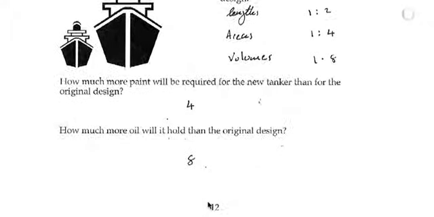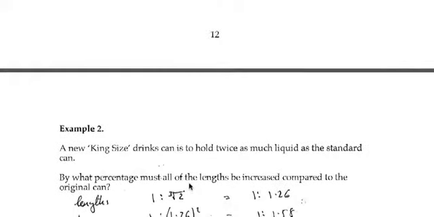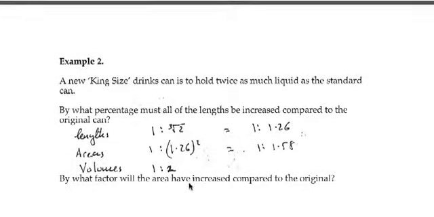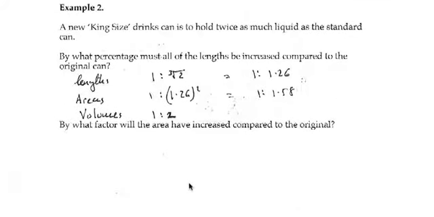So there's an example here of how this can be used in marketing as well. People in marketing will use human perception of shapes and sizes, which doesn't necessarily tie in with what the maths tells us. So, for example, suppose we wanted a king-size can of drink which holds twice as much liquid.